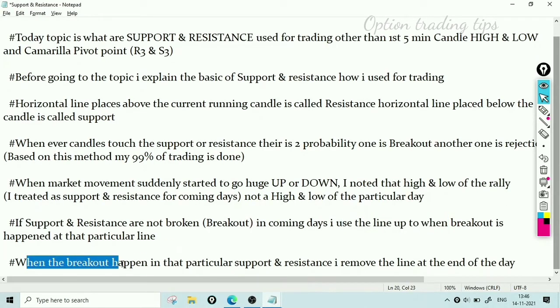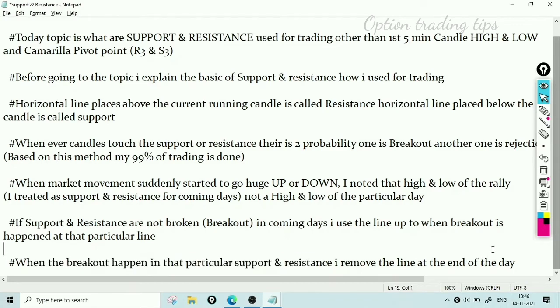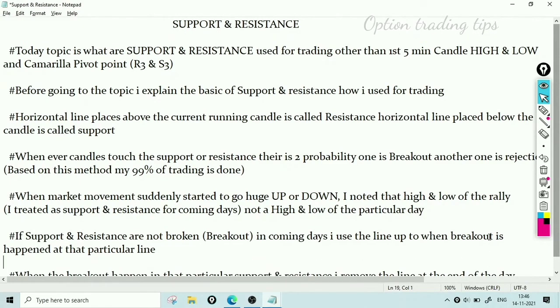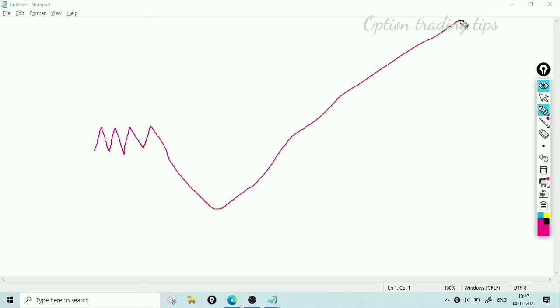When the breakout has happened in a particular support or resistance, I remove the line at the end of the day. I hope this is clear. Once again, I will explain this in a simple, starting manner. What is support and resistance? On a particular day, the market moves huge up. I mark the high and low of the rally for the next upcoming days.